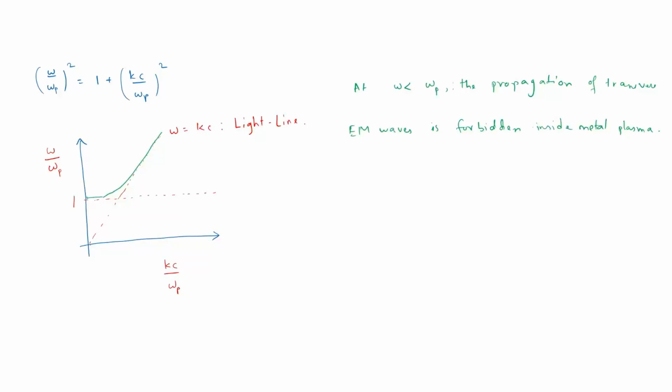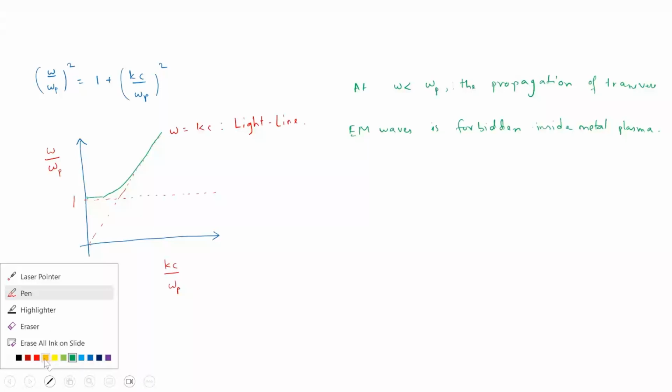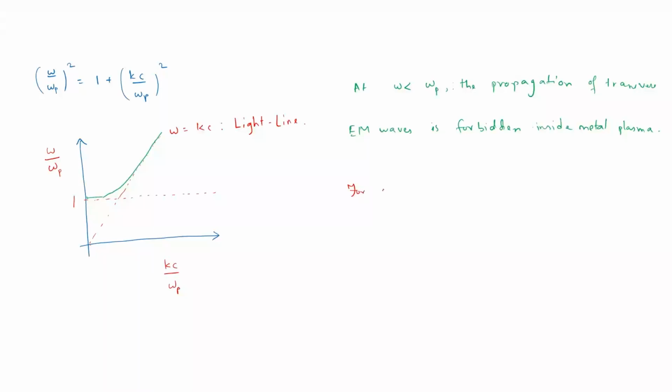But as omega by omega p approaches 1 and then goes beyond, the plasma will support the transverse waves propagating with some group velocity.